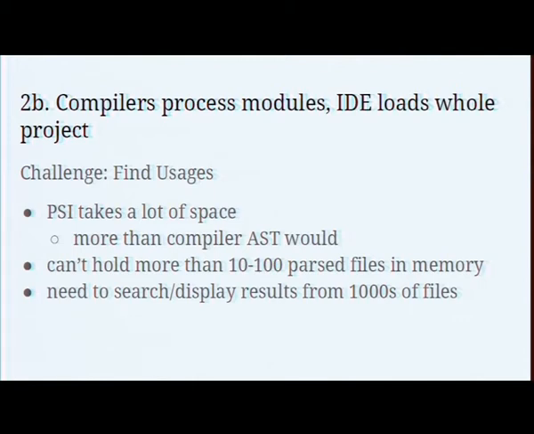So, we cannot afford to hold more than several tens or maybe 100 of parsed files in the memory. We don't have so much memory. But during find usages, we routinely have to scan over a lot of files and display the results from all of them. And these results should be correctly highlighted, so there's some PSI involved. So how do we do that?